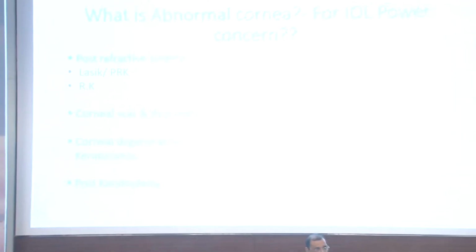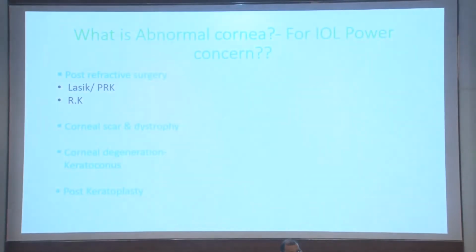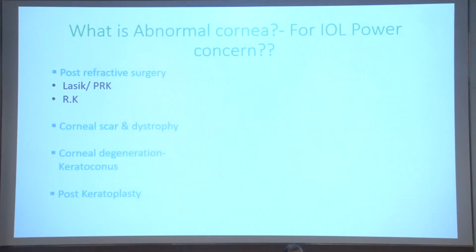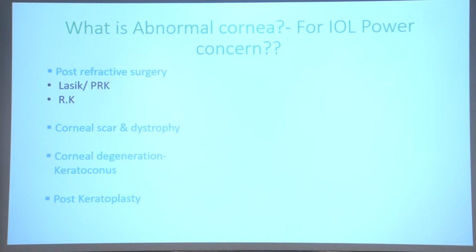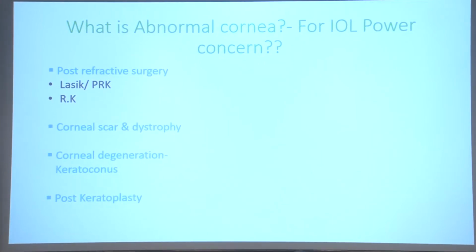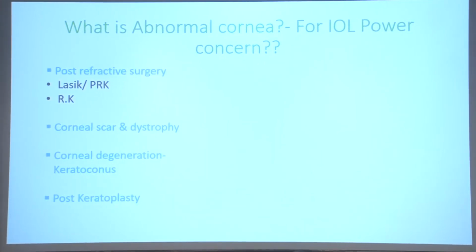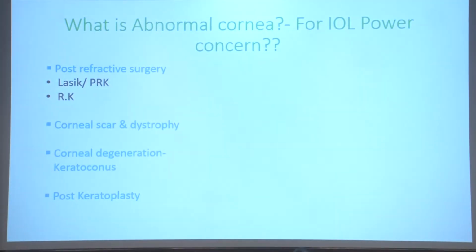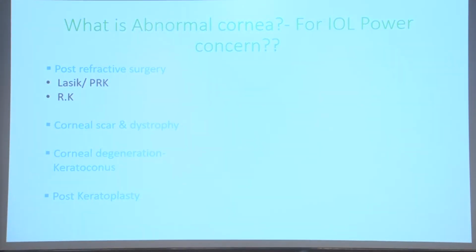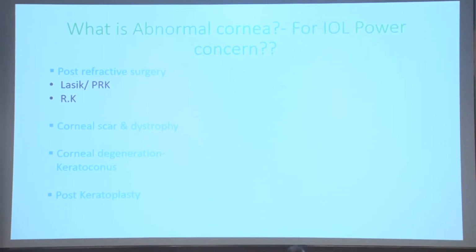I'll try, at the outset, to clarify what an abnormal cornea is, especially with regard to IOL power, because I believe almost everyone sitting here has bent and bruised the cornea at one point in their life or in one week of their practice, at least once or twice, or more if you are a refractive surgeon. So the poor cornea is always the first victim.